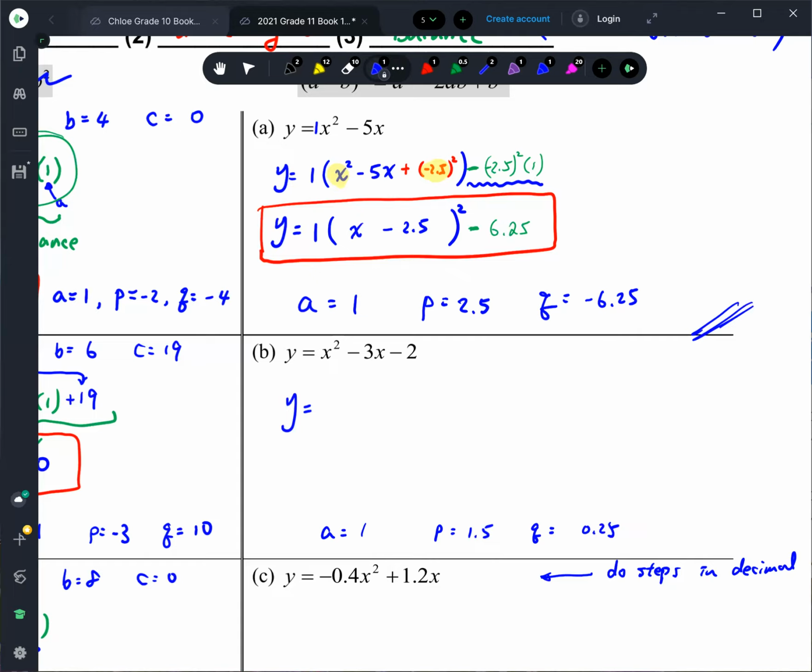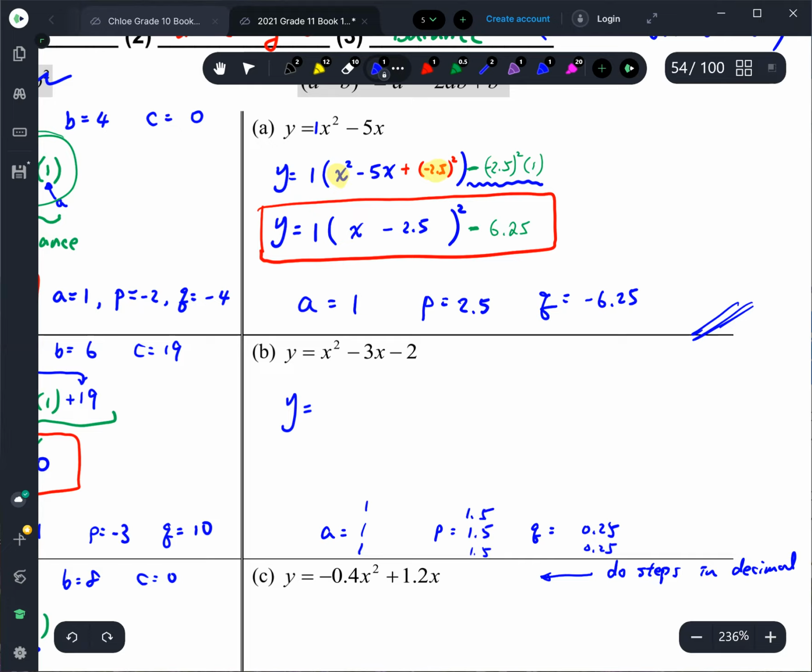I also got 1.5, 0.25. Okay, Naomi, yours? I got 1.5 and negative 0.25.